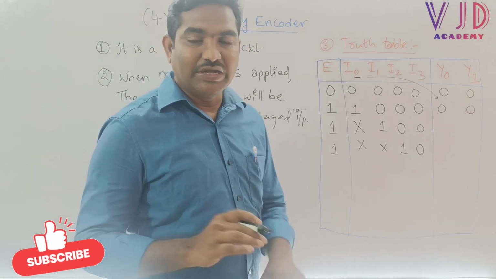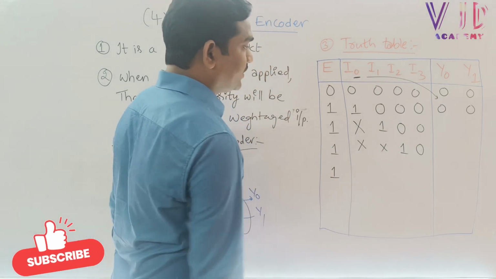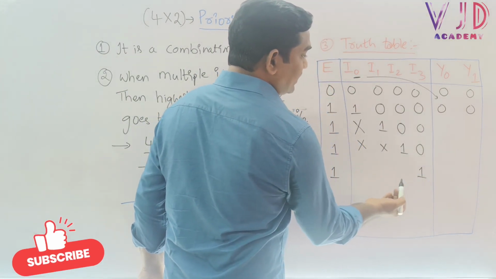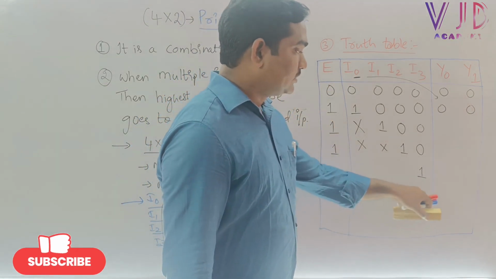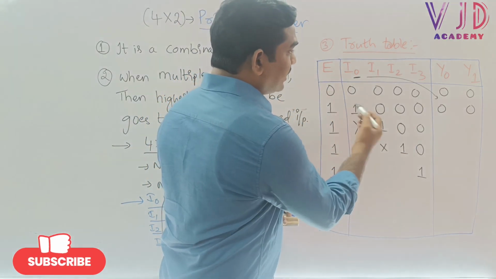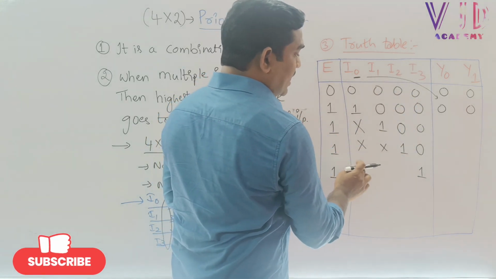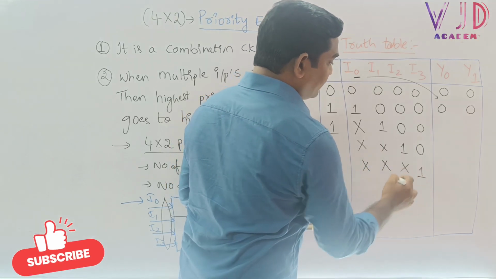That is the case we need to understand. Coming to the fourth one, enable input is 1 and I3 is 1. There is no higher priority than I3, so all remaining inputs are lesser priorities than I3. So I0, I1, I2 will be completely disabled.